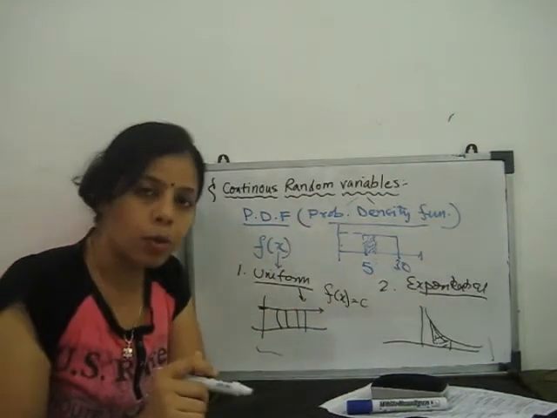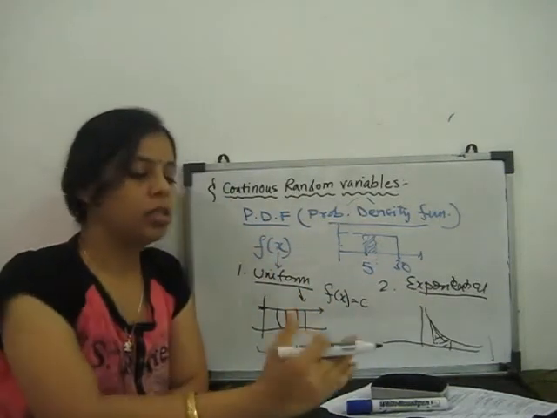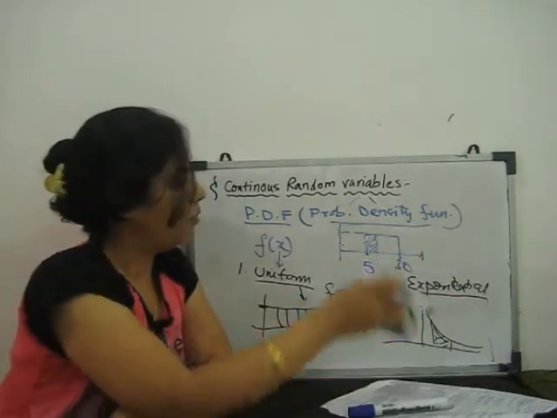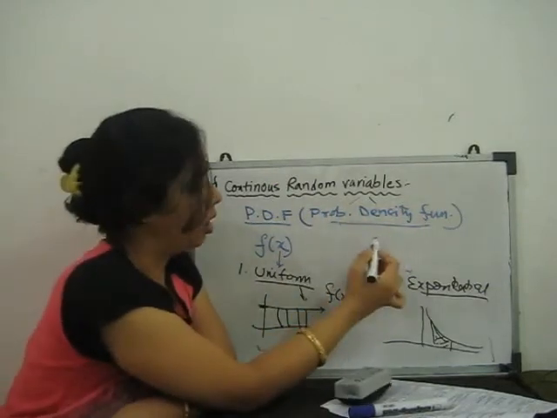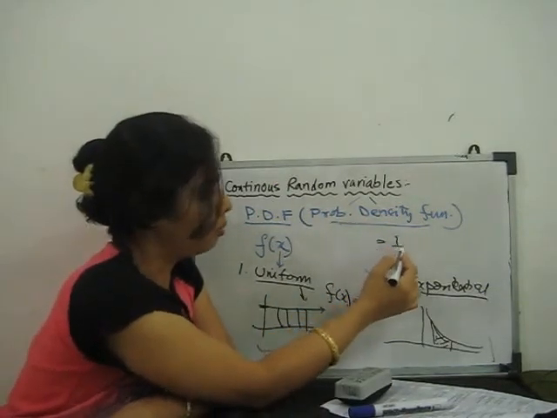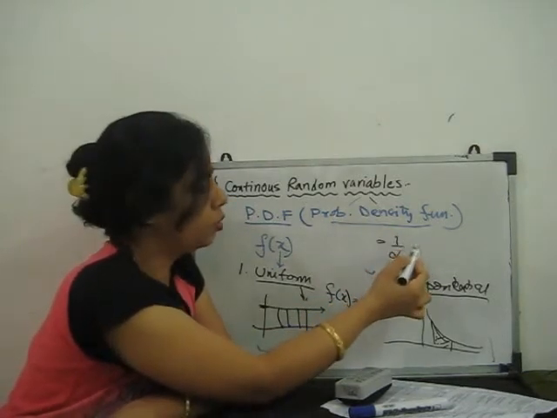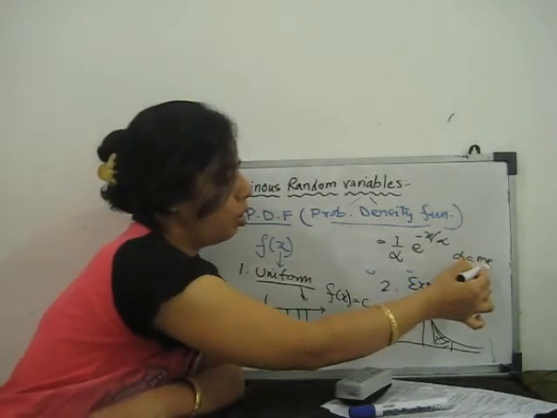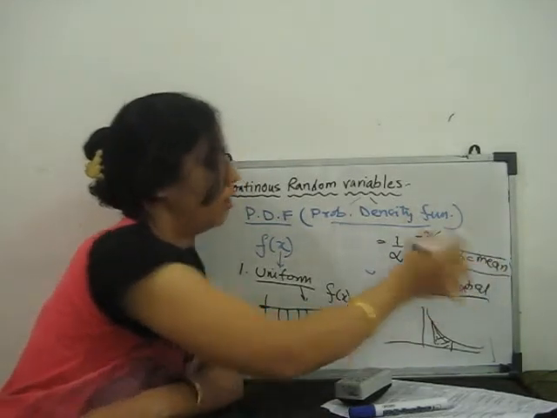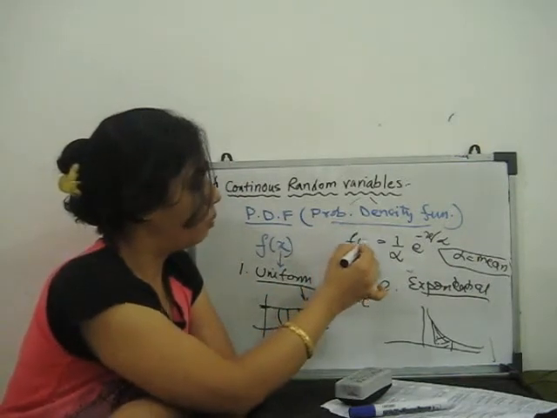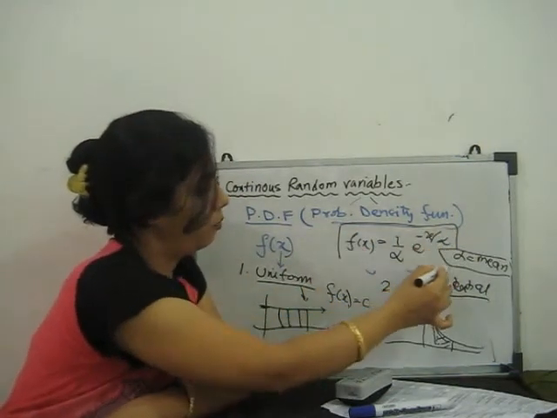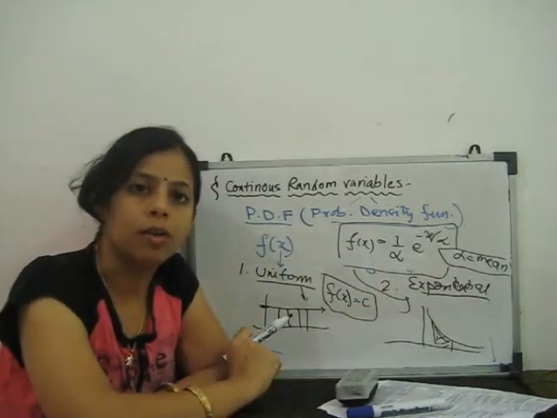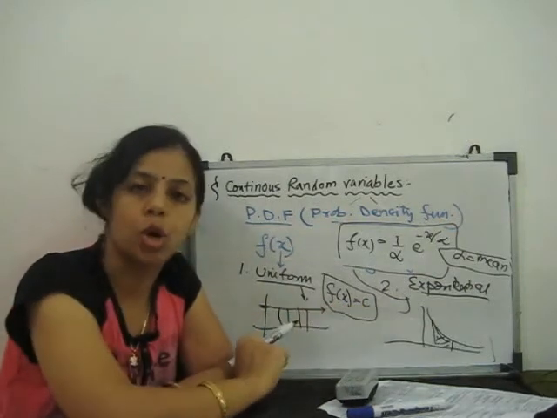For exponential random variables, we have a formula for finding the PDF: f(x) is equal to 1 by alpha e to the power minus x by alpha, where alpha is the mean of our given random variable. So this is our PDF for the exponential, and this is our PDF for the uniform variable. Now how do we derive this constant?